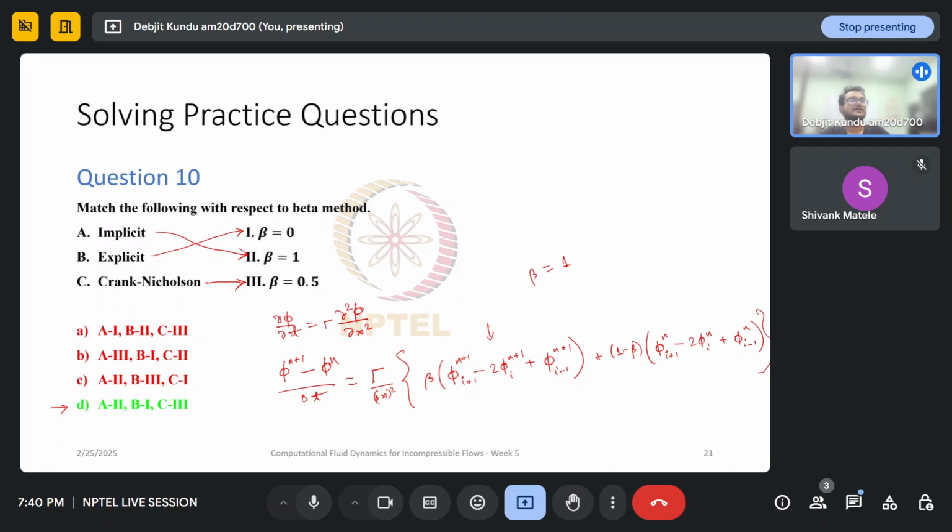There's another tidbit over here. As beta is between 0 and 0.5, these are all conditionally stable.